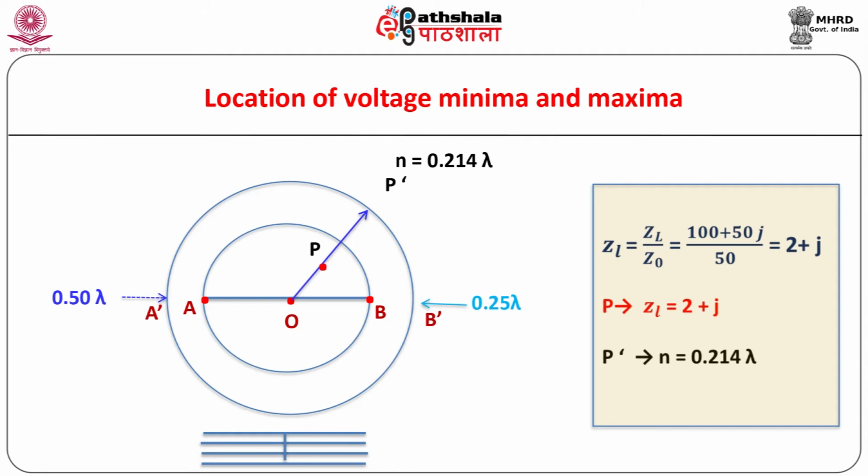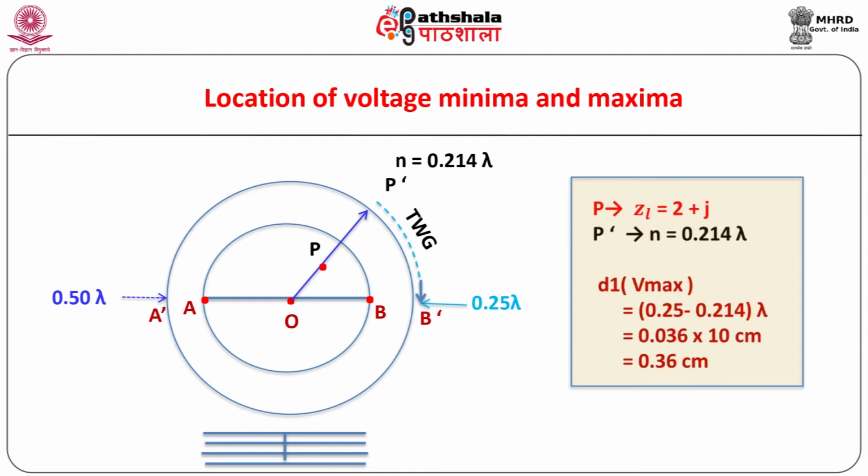Step number 4. From point P dash, move along the distance scale towards the generator, that is in the clockwise sense, and first stop at point B, reading 0.25 lambda corresponding to Vmax. Step number 5. Note the distance traversed from P dash to B in the clockwise direction.